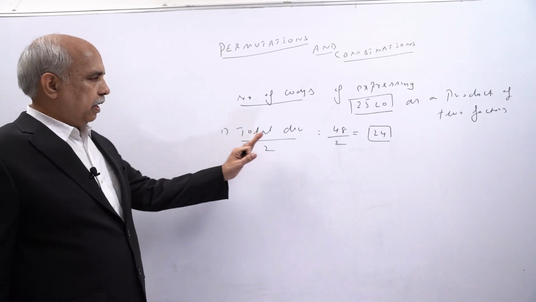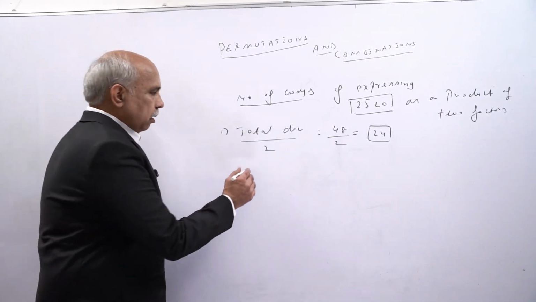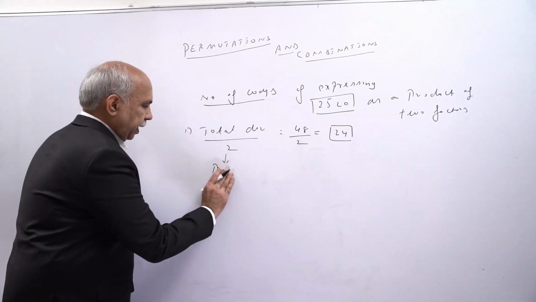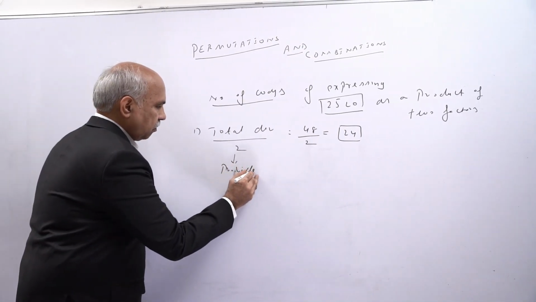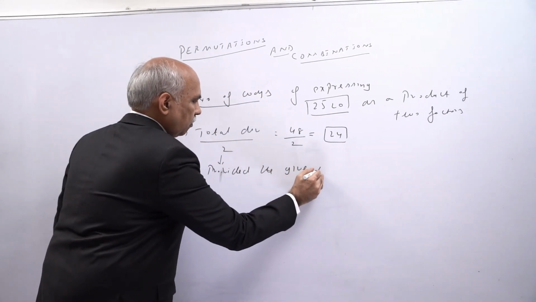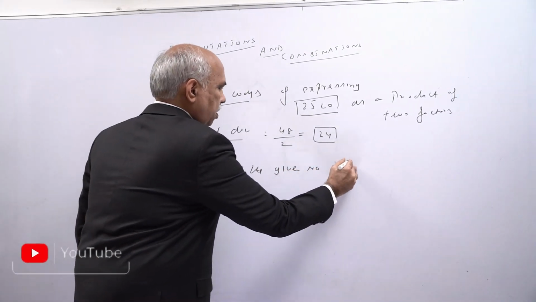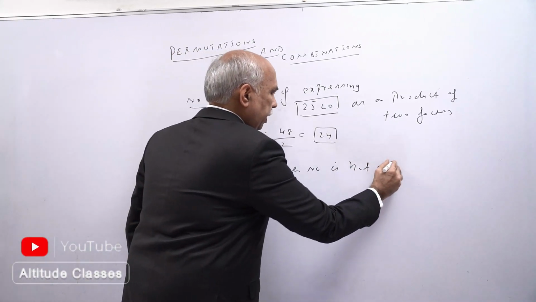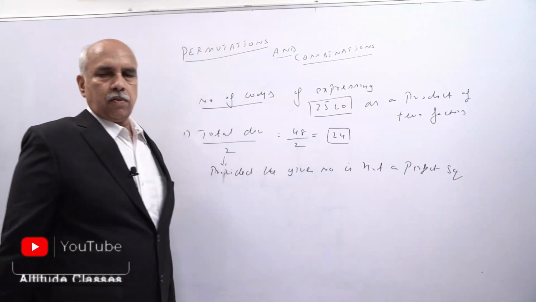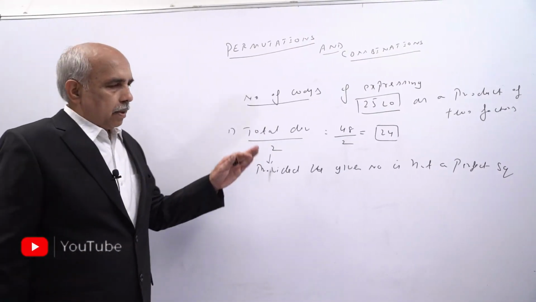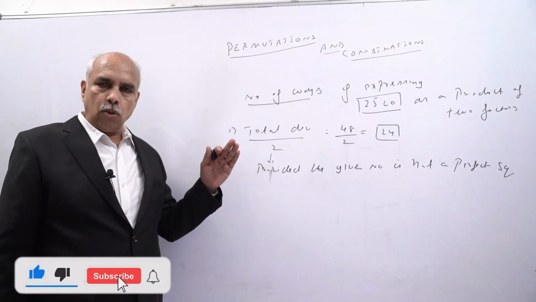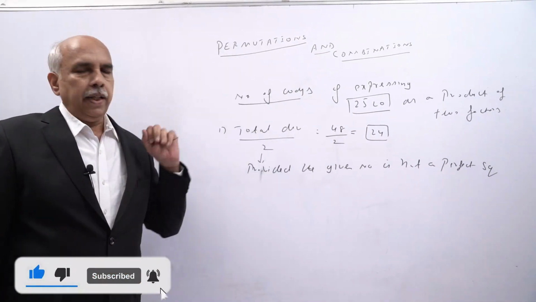That means total divisors divided by 2, provided the given number is not a perfect square. If it is a perfect square, the number of divisors will automatically be odd. In that case, you can't divide by 2 to get an integer value.